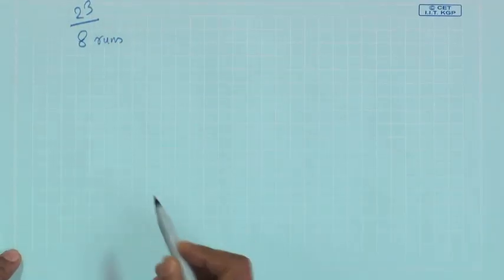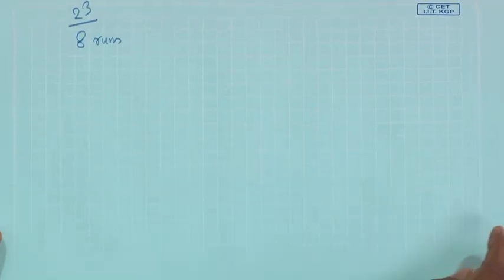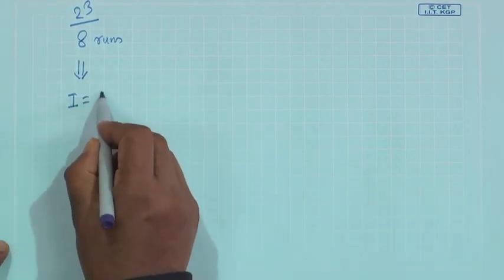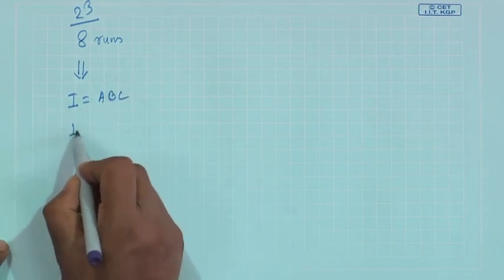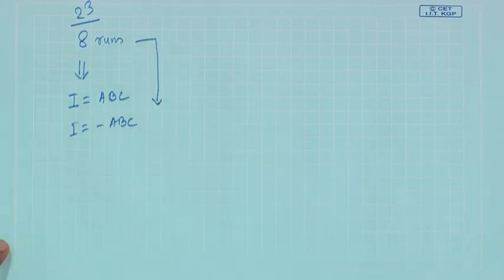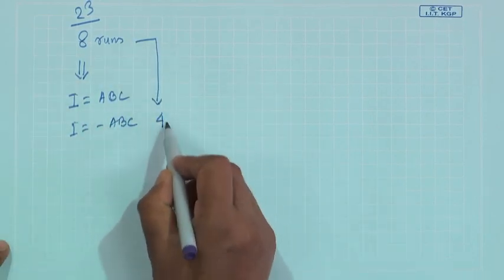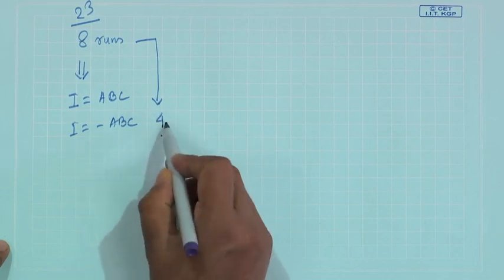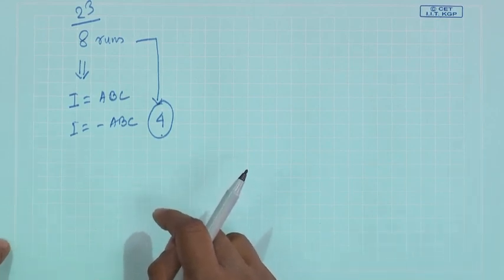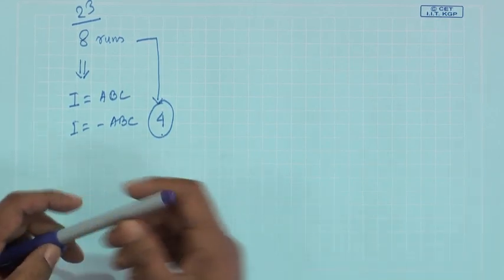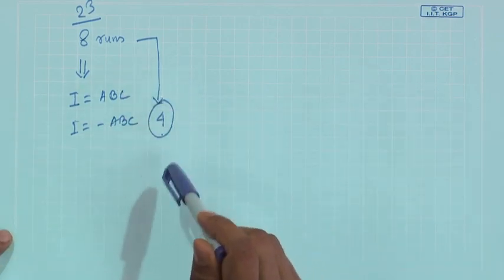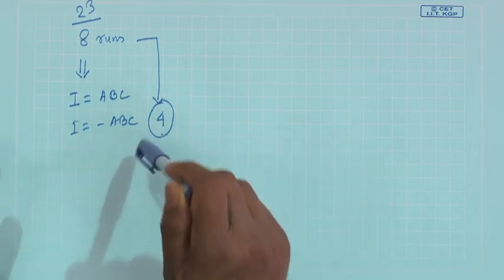We have shown you that with the generator I equal to ABC or I equal to minus ABC, you can reduce the number of runs to 4, and in that process you definitely lose some information, but because of properties like the sparsity of effects principle, projection property and sequential experimentation, you are still in a position to analyze and get useful results.